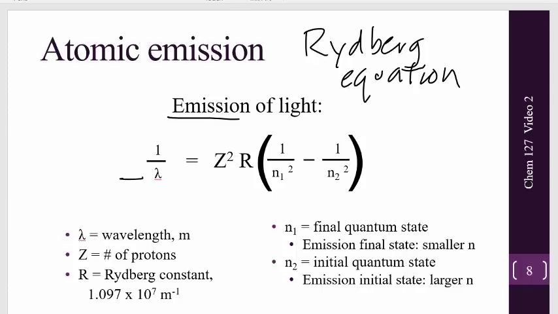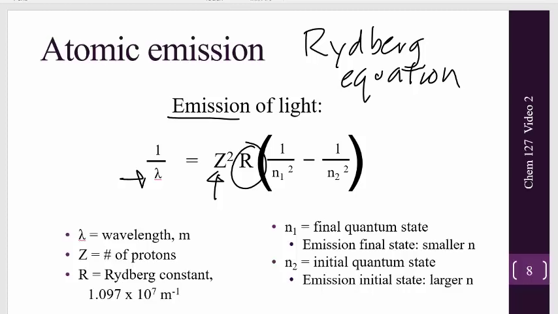So here we have the wavelength of the emitted light, that's in meters. Another part of this equation is the number of protons, which will be 1 for hydrogen. They're also related to quantum numbers through something called the Rydberg constant here, and this is in the units of inverse meters. You'll find this on your equation sheet. And then we have the different quantum numbers here, the 1, 2, 3, 4, 5, 6, whatever they happen to be.